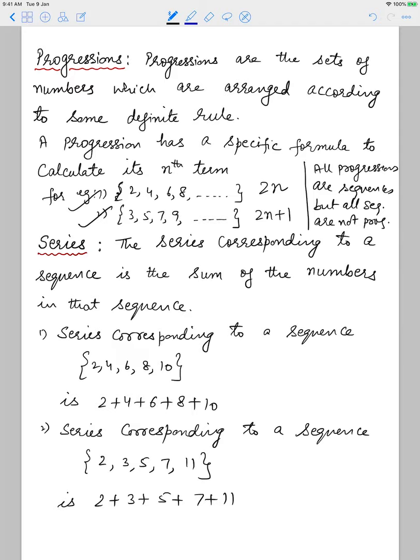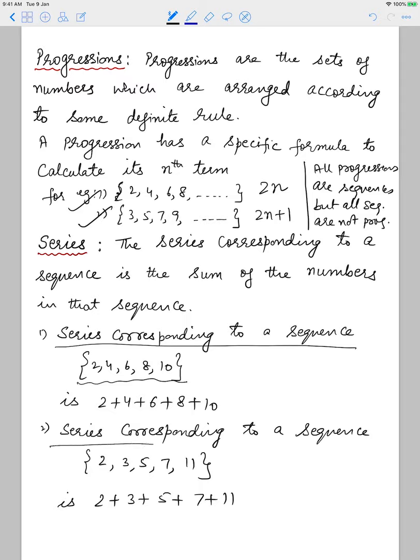So what is series now? The series are related to the sequences, series and sequences, sequences and series, you must have seen somewhere. So series are corresponding to a sequence. And how do we obtain it? Like here, the series corresponding to this sequence 2, 4, 6, 8, 10 will be 2 plus 4 plus 6 plus 8 plus 10.